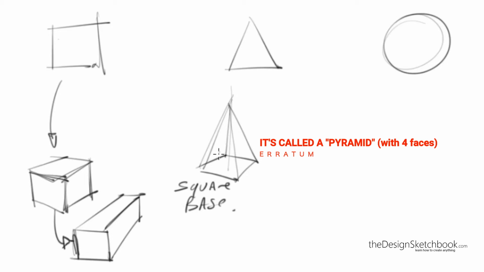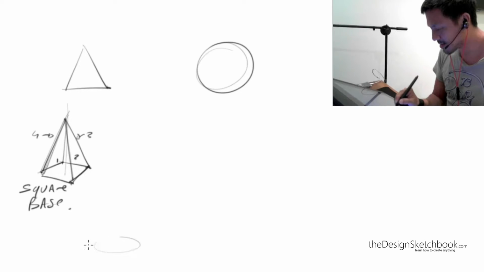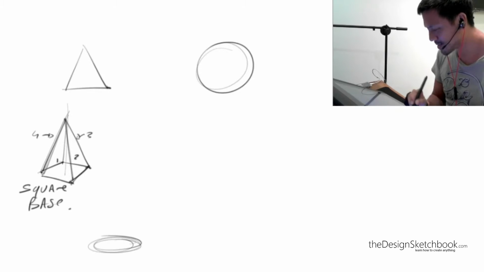So it's like 1, 2, 3 behind, 4 behind. And a bit more line weight. This one has a square base, but you can also have, guess it, a circle base.